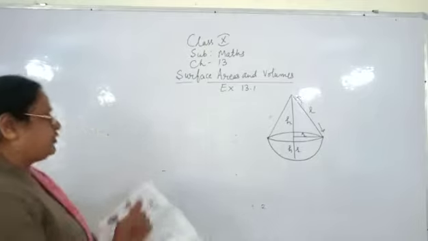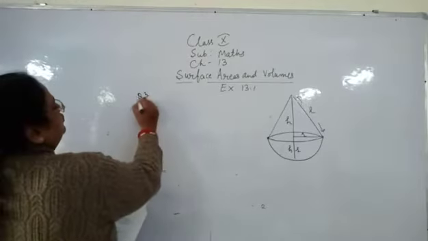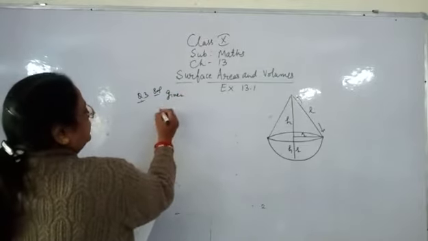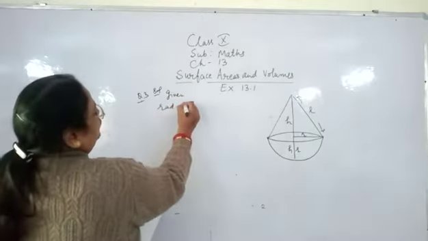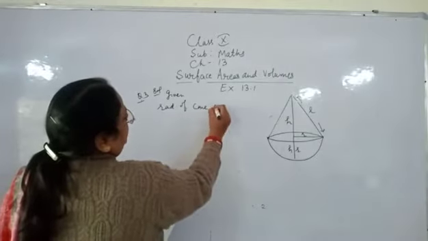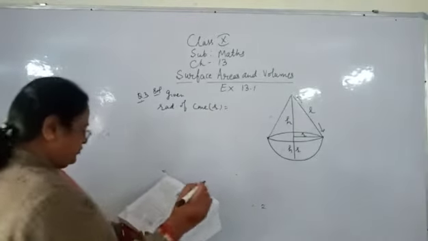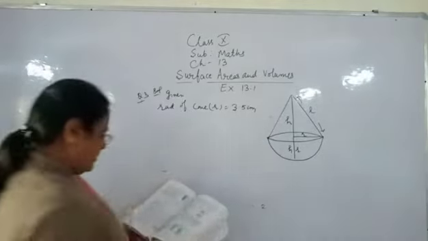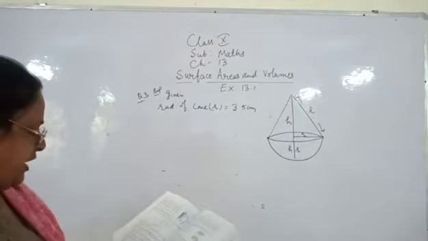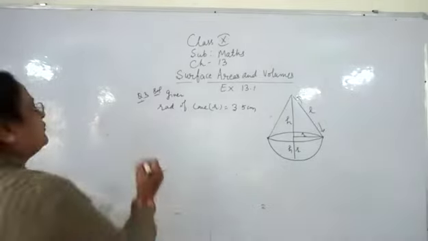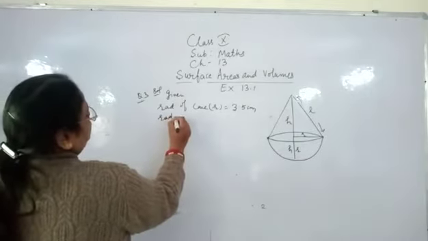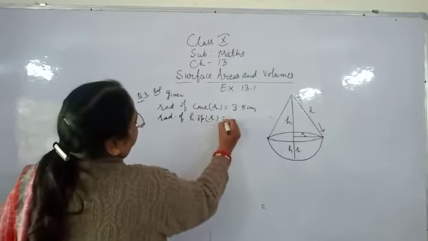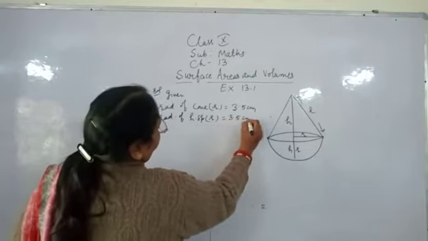Now write down, see the solution. Firstly write down what is given in the question. Radius of cone r is equal to 3.5 centimeter. Next, on a hemisphere of the same radius, so radius of hemisphere is also r, equal to 3.5 centimeter.